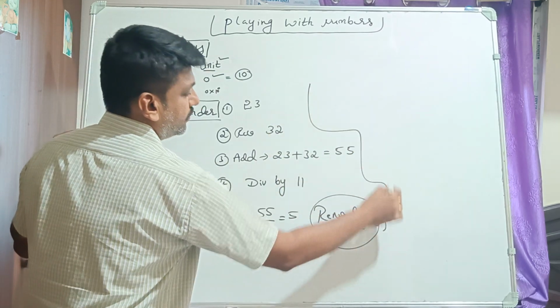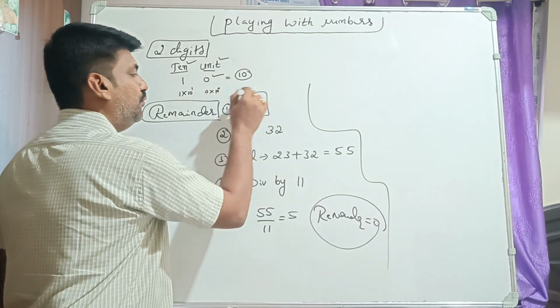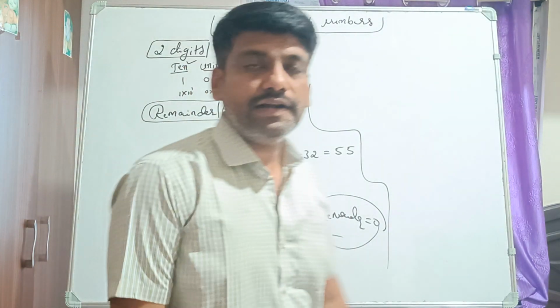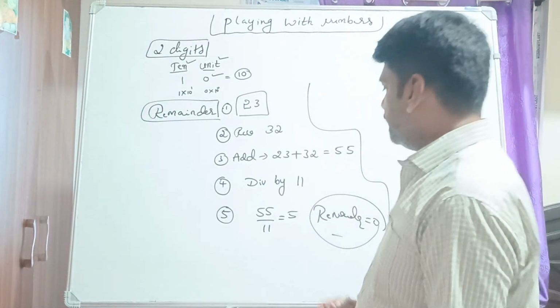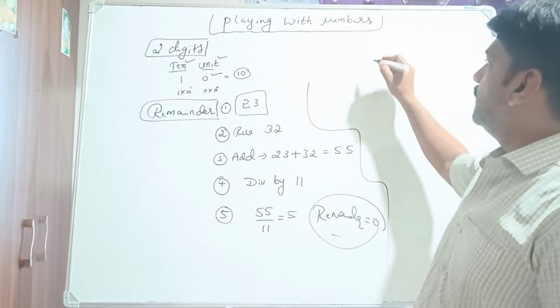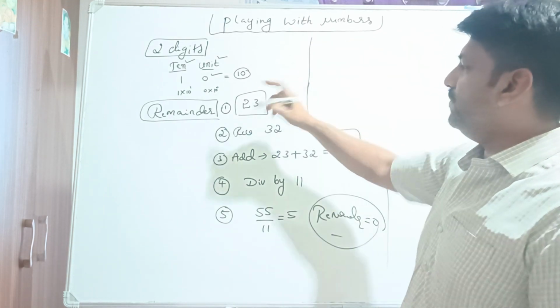Without calculating, if you give me some two-digit number, I can say that the remainder will be 0. So here, let me explain what mathematics is involved.